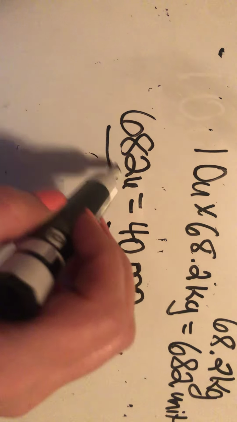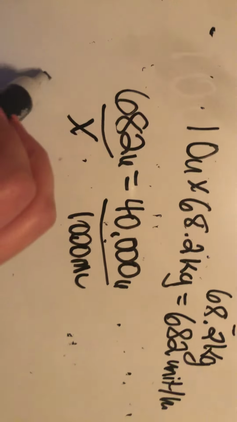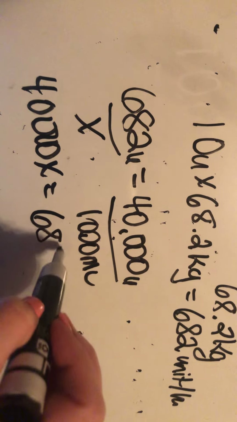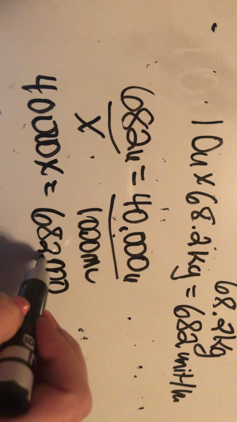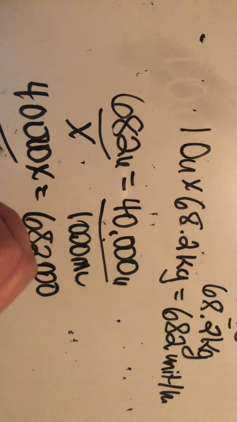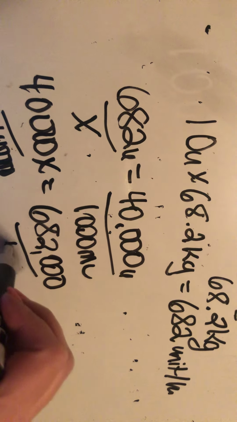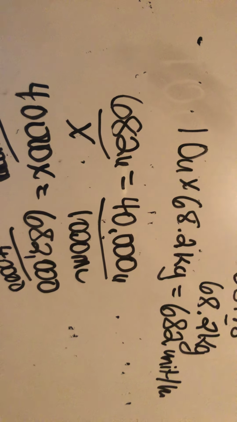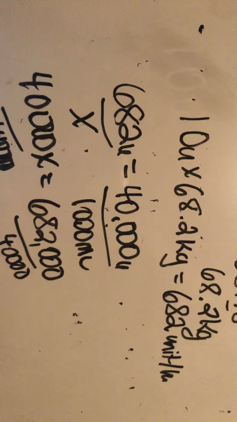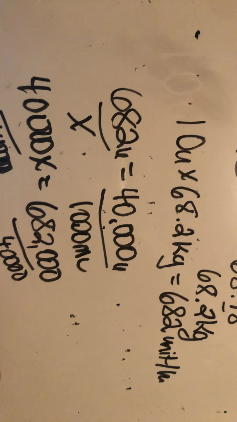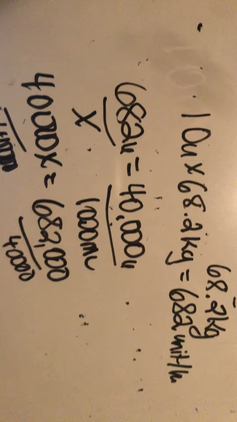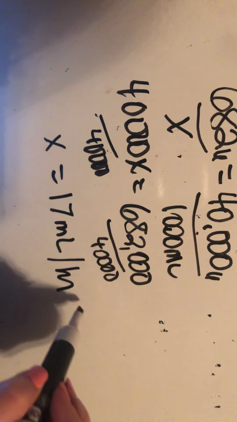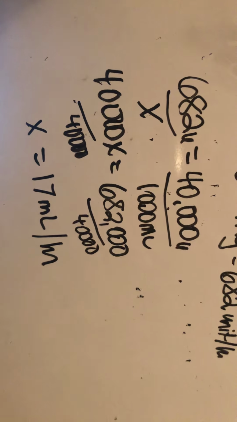So this is how we set it up in ratio and proportion. We're just going to cross multiply. Divide both sides by 40,000. And X is going to be equal to 17 mils. And I think that might have a decimal in it, but it's going to round up. So we'll have 17 milliliters per hour. Okay, and that's number 6.